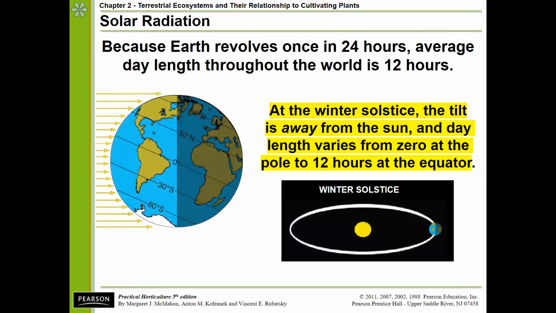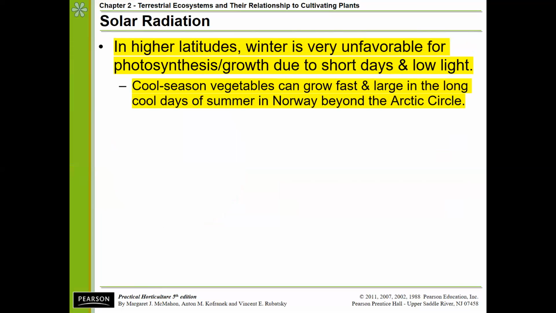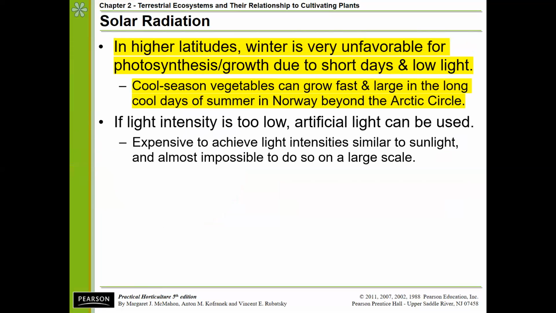Of course, at the solstice, either winter or summer, we're tilted either away or towards the sun, so that we have a different photoperiod, depending on where you're at latitudinally. At higher latitudes, it's more difficult to grow crops. Really, you can't do it in the winter without supplemental lighting, because we don't have enough light.